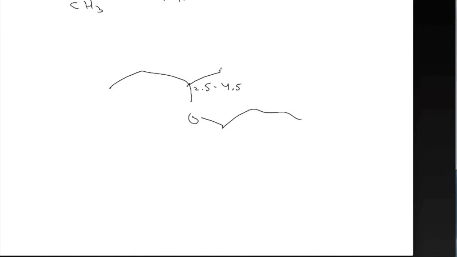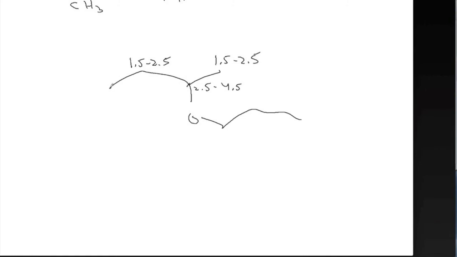And then where would we expect these hydrogens to absorb? Those hydrogens, 1.5 to 2.5. And how about hydrogens here? Those would be like 0.9. Actually, wouldn't they be the same as this? No, they're equivalent. 1.5. And how about around here?